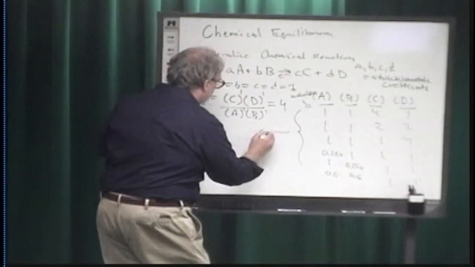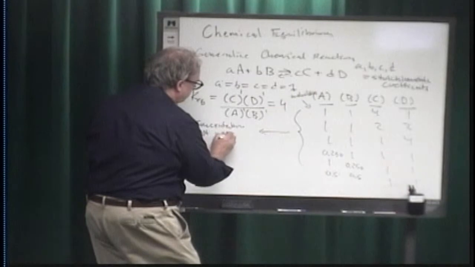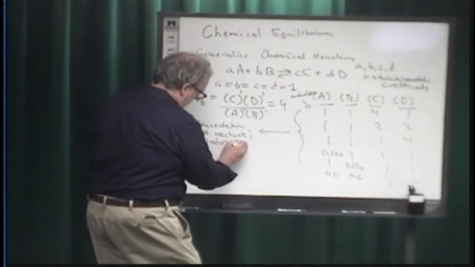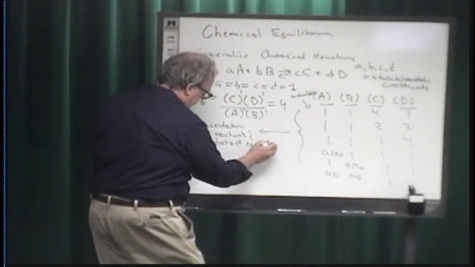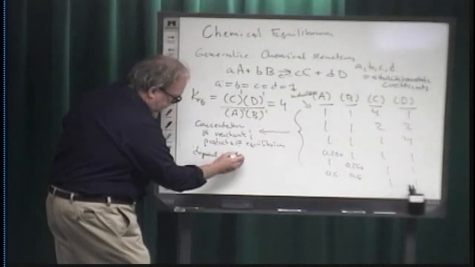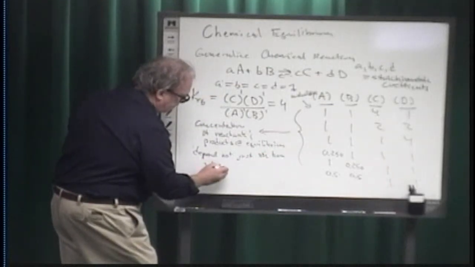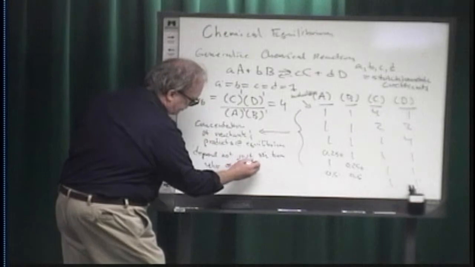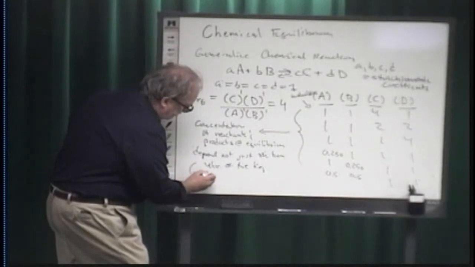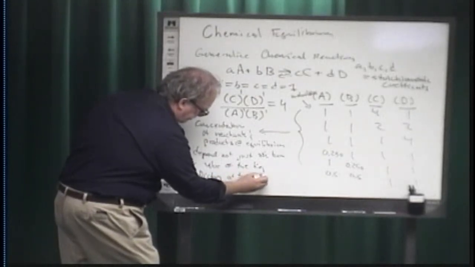So the concentrations of reactants and products at equilibrium depend not just on the value of the equilibrium constant, but also on the history of the reaction mixture.